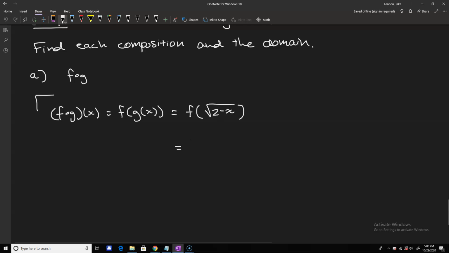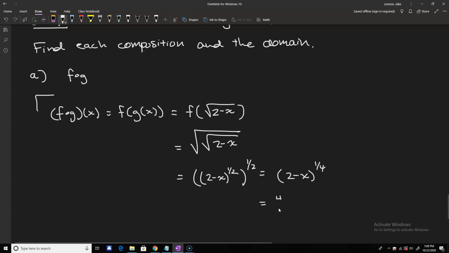And then f just takes the square root of that, so we get the square root of the square root of 2 minus x. And if you want to use exponent rules, this is 2 minus x to the 1/2, and then that whole thing is raised to the 1/2. So actually this is 2 minus x to the 1/4. Or you could think of this as being the 4th root of 2 minus x.